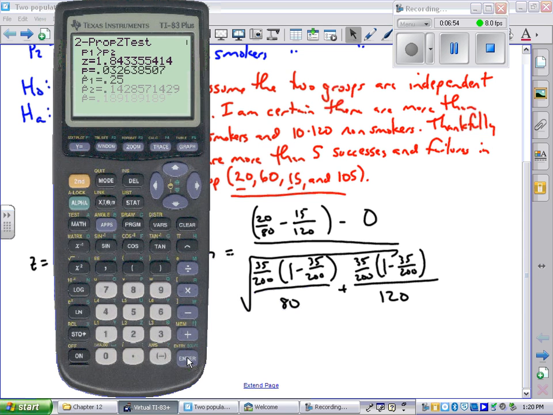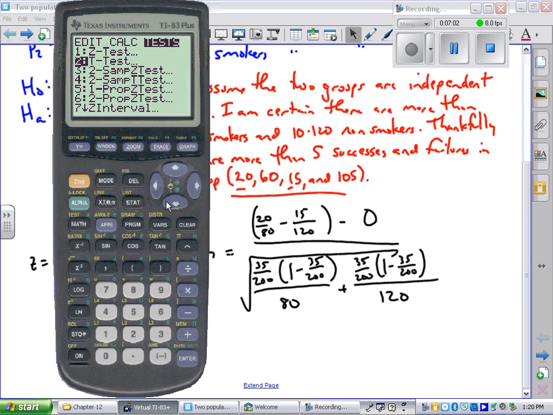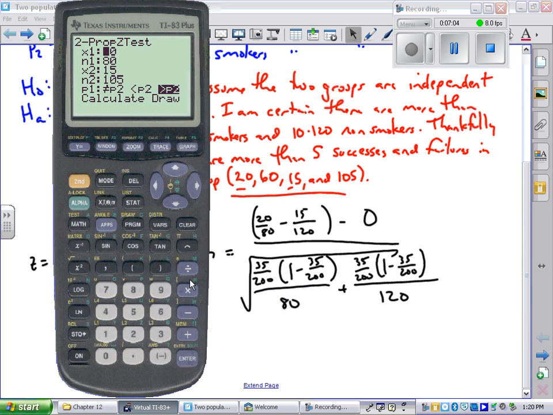Calculate. I think I made a mistake somewhere. I must have typed something in wrong. Hang on. 2-PropZTest. This is 120. Sorry, 120. Calculate. There we go. That looks more familiar.